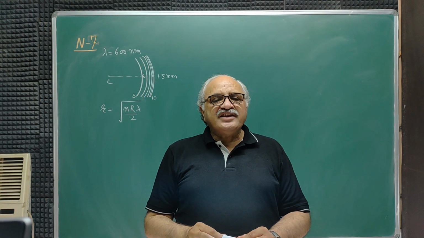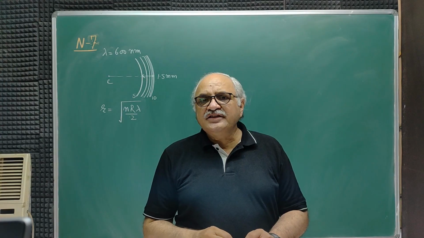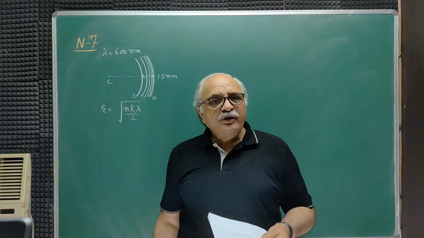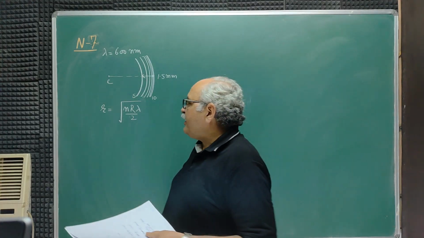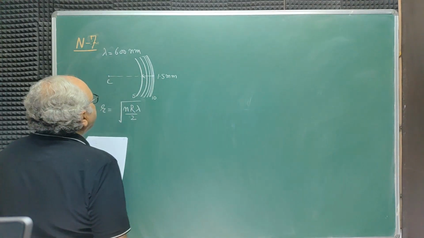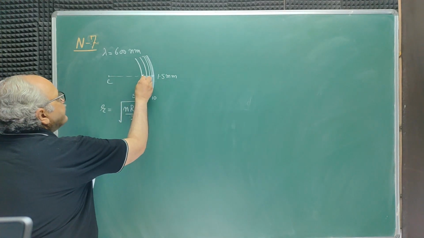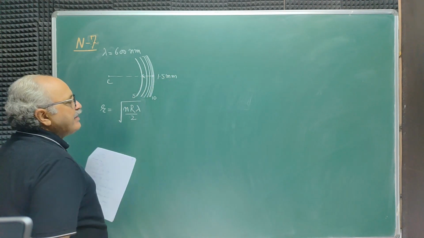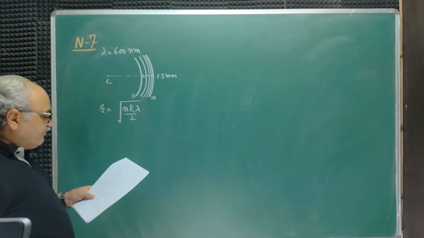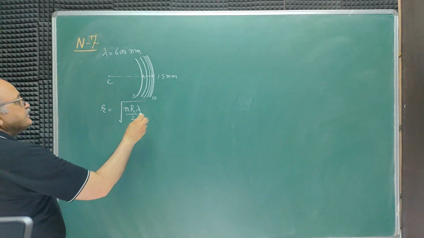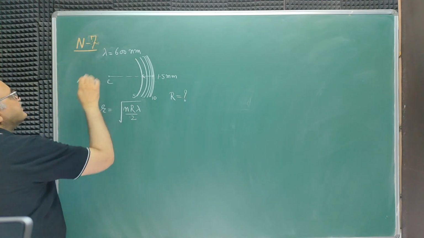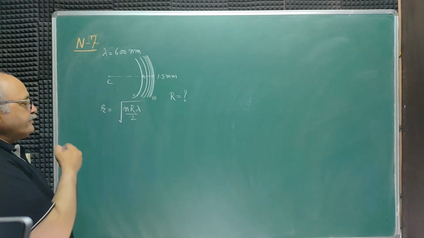So let's take the 7th question. In this numerical it's given that in a Newton ring setup in reflected mode, the gap between the 5th ring and the 10th ring is 1.5 mm, and we are asked to find the radius of curvature, where the wavelength given is 600 nanometer.